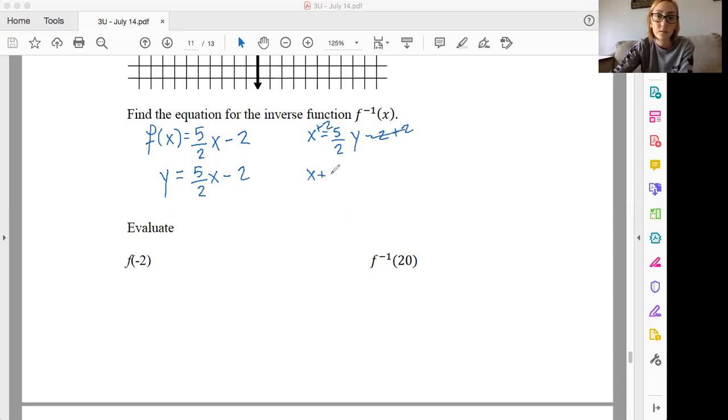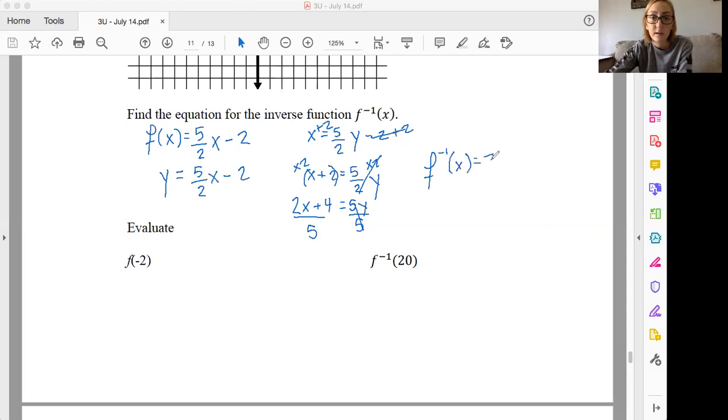So we have x plus 2 is equal to 5 over 2y. This is a division, so we're going to multiply by 2 on both sides. We're left with 2x plus 4 if you were to FOIL that. This is being multiplied, so we're going to divide by 5 on both sides. So our inverse function is going to be 2x plus 4 over 5. It went from this as our original function, and this is our inverse function.